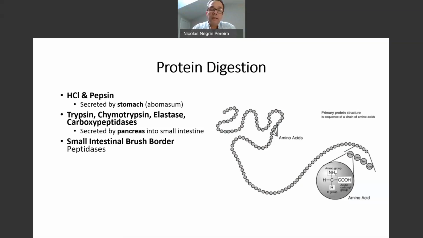And we will also have the presence of peptidases on the small intestinal brush border. So we have three compartments that are key for protein digestion: the stomach, producing hydrochloric acid and pepsin. When we move towards the duodenum with the secretion of pancreatic juice, we will have trypsin, chymotrypsin, elastase, and carboxypeptidases acting on the duodenum and coming from the pancreas.